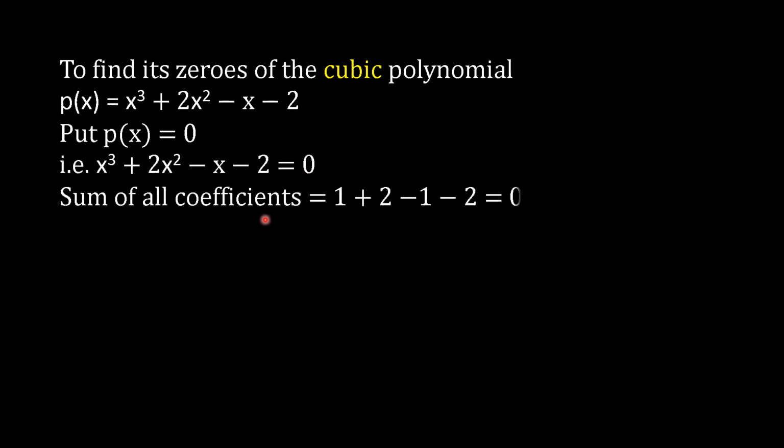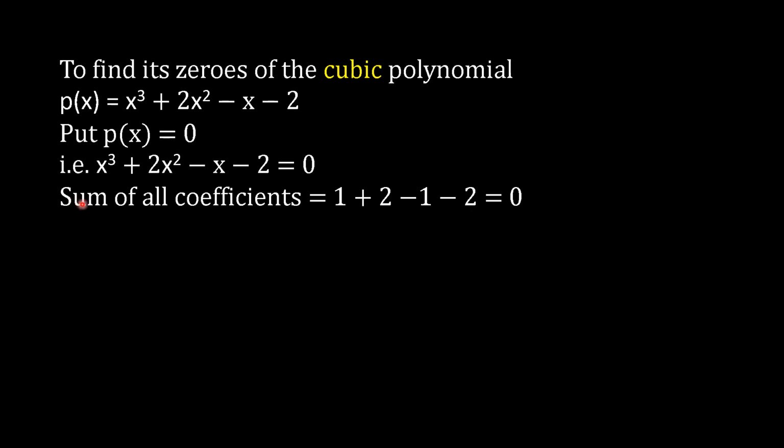Sum of all the coefficients equals 1 plus 2 minus 1 minus 2, which will be 1 minus 1 is 0 and 2 minus 2 is 0.